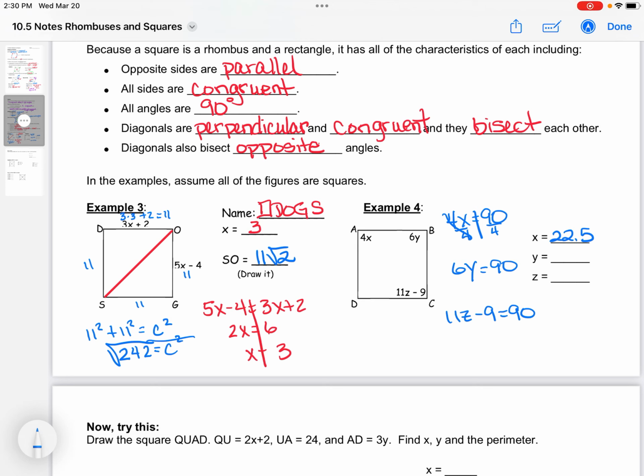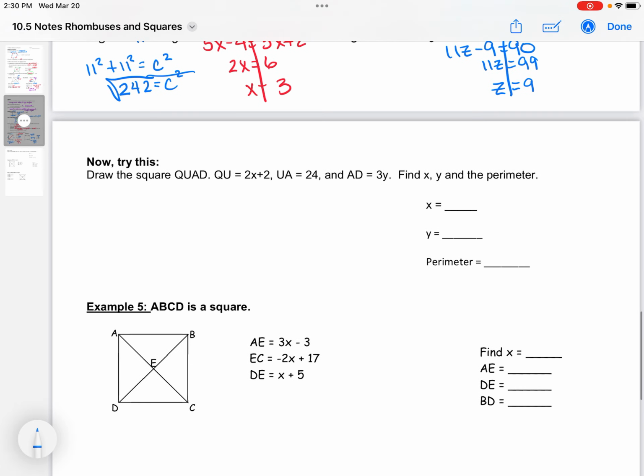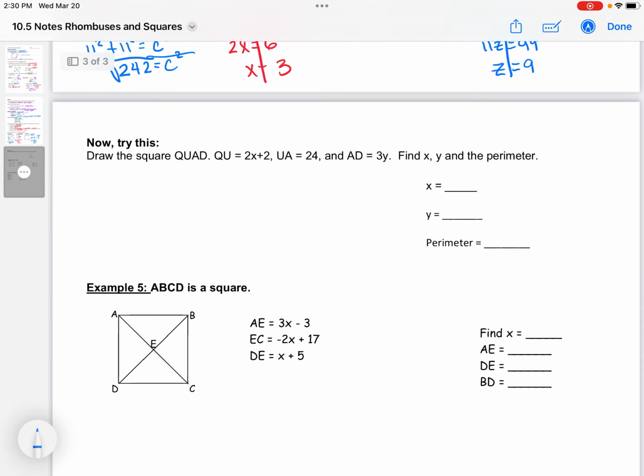Yes, it is. 22.5. If 6y equals 90, then y equals 15. And if 11z minus 9, 11z is 99, z equals 9. Okay, so we didn't have to try and put anything equal to anything except they all equal 90.